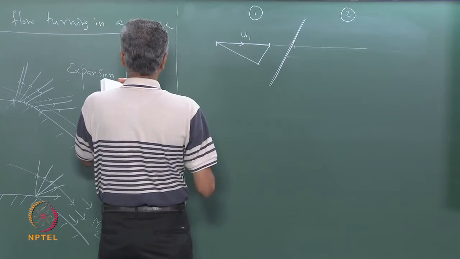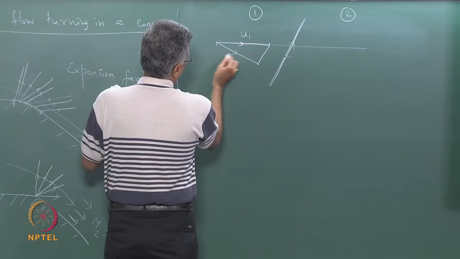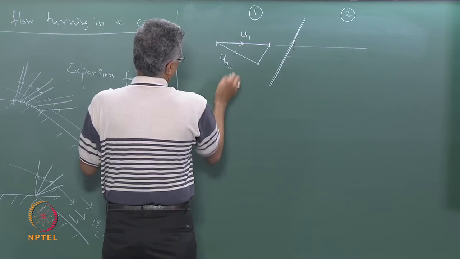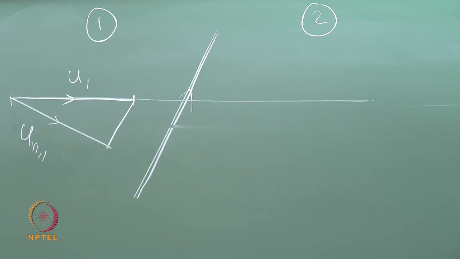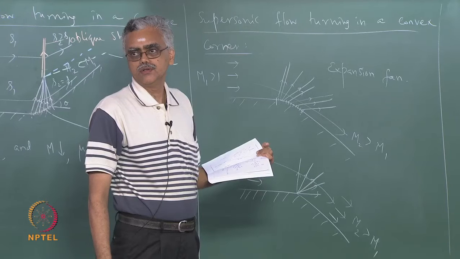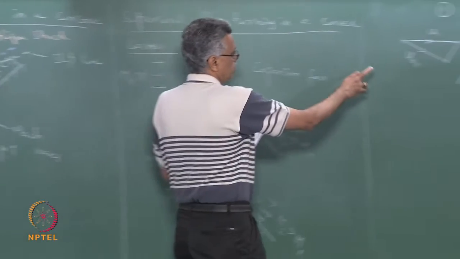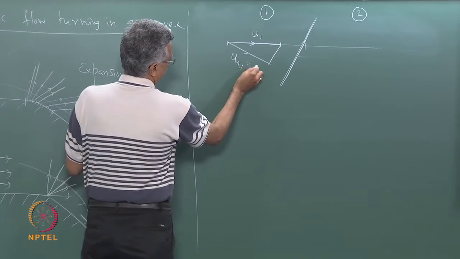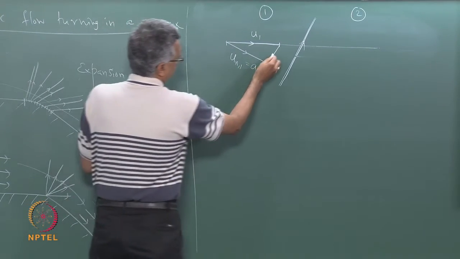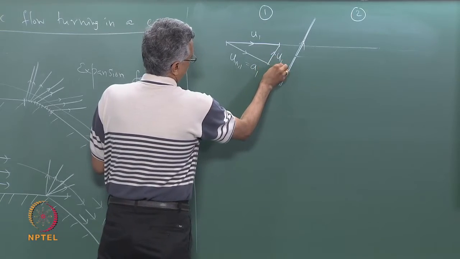Let us call this U1. This is normal to the wave. And what did we say earlier about the normal component? The normal component is equal to the speed of sound, correct? So this is the normal component and this is equal to A1. This is the tangential component UT.